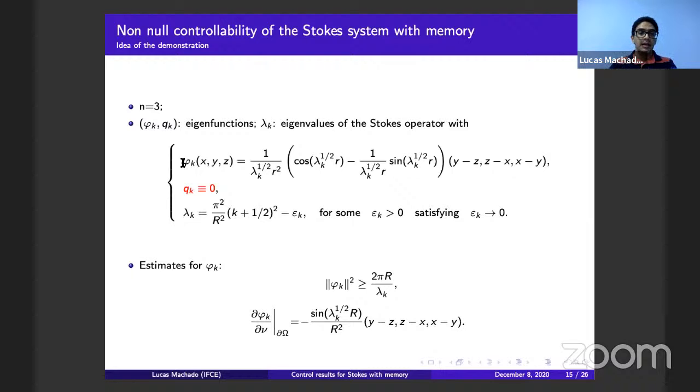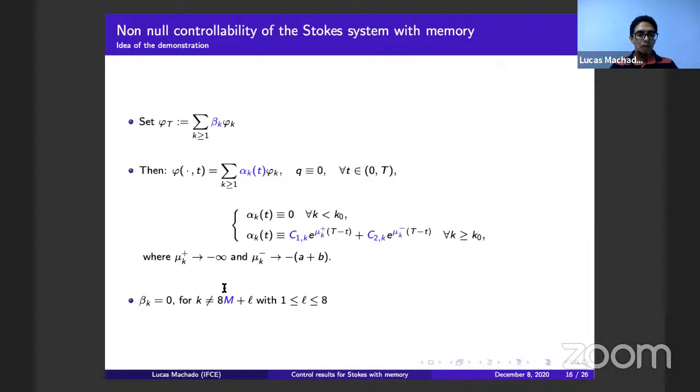This p_k is this, and q_k, the pressure, is null, okay, for all k, and lambda_k is basically k squared, okay. We will also obtain the estimate for the norm of p_k and its normal derivative on the boundary. It is necessary to compute some things.